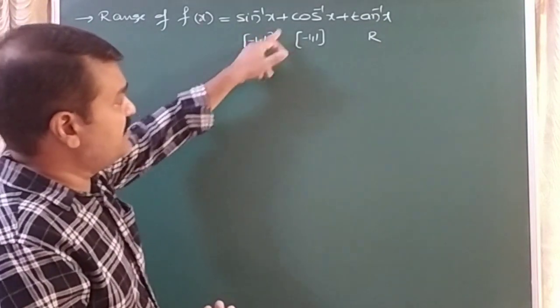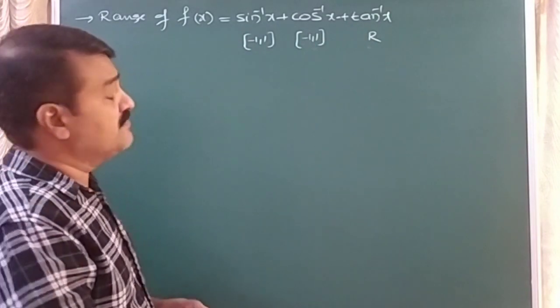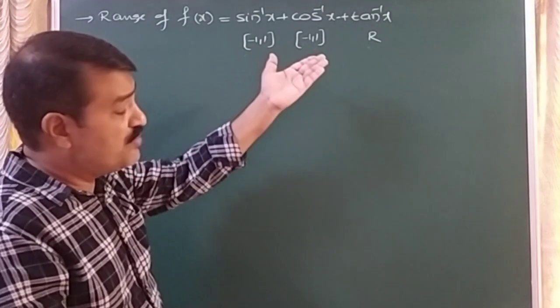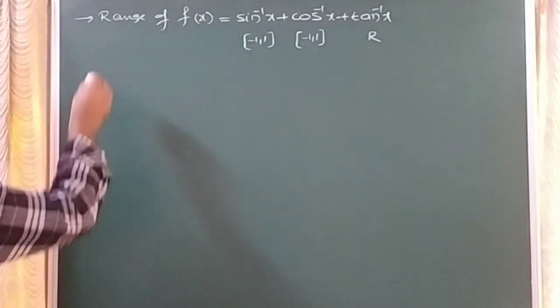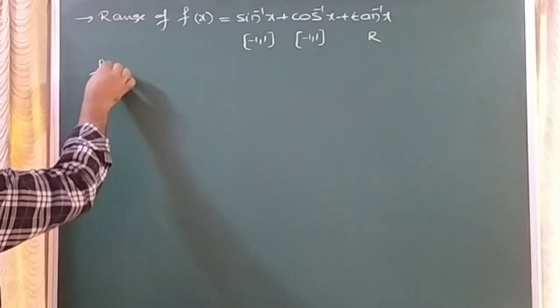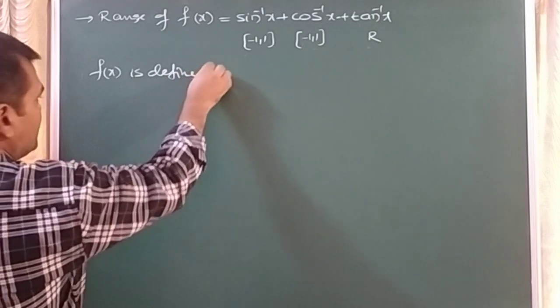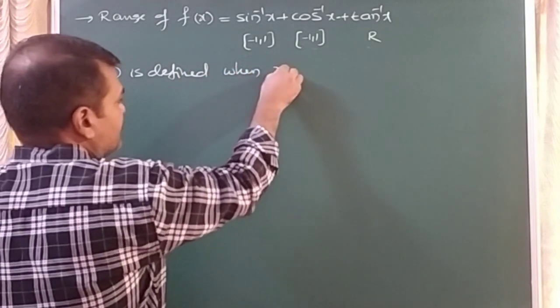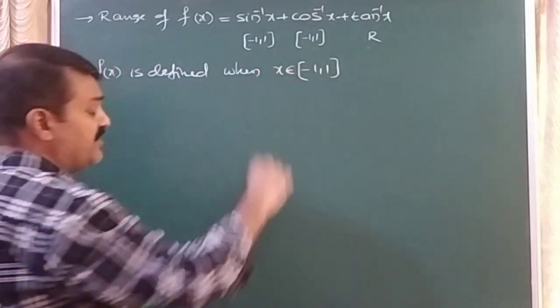So first term domain, second term domain, third term domain, common domain is the domain of the function. What is the common domain? This -1 to 1 only. So f of x is defined when x belongs to -1 to 1. This is the domain of the function.